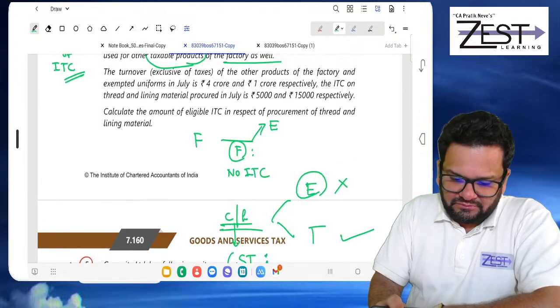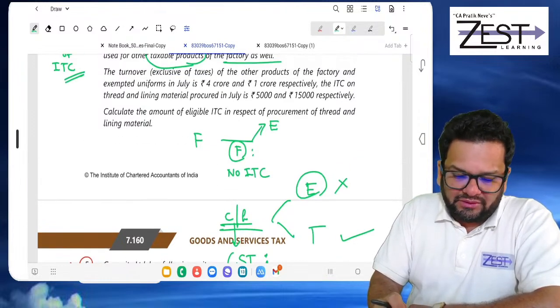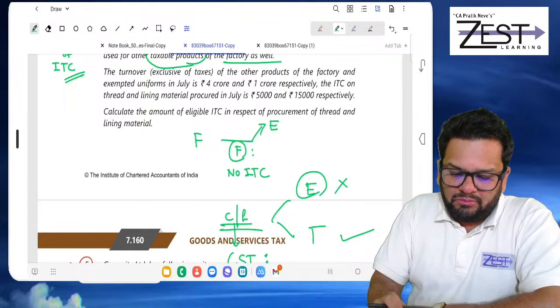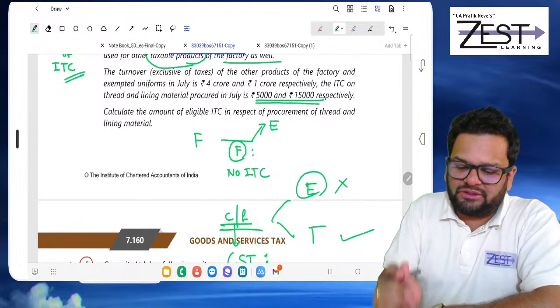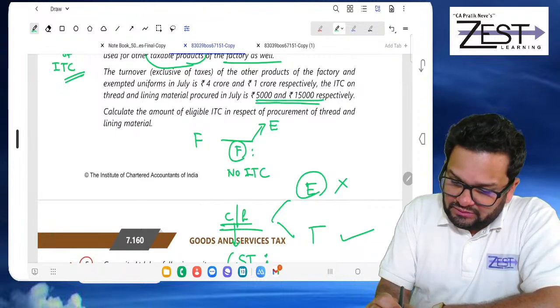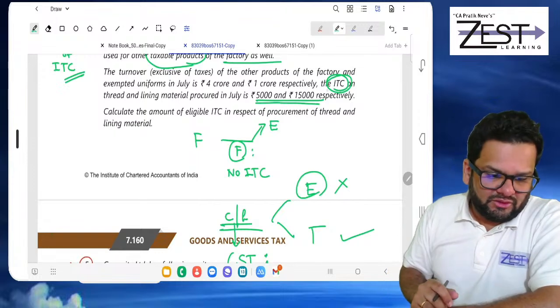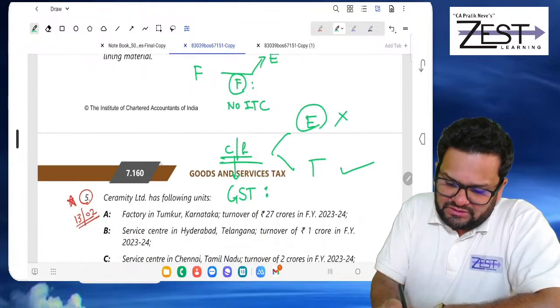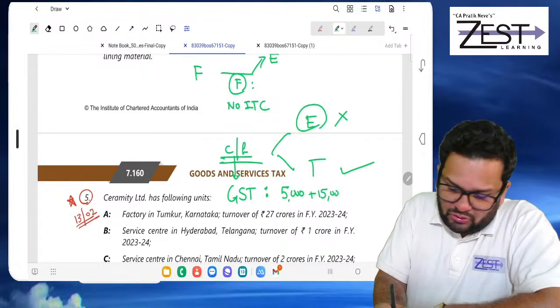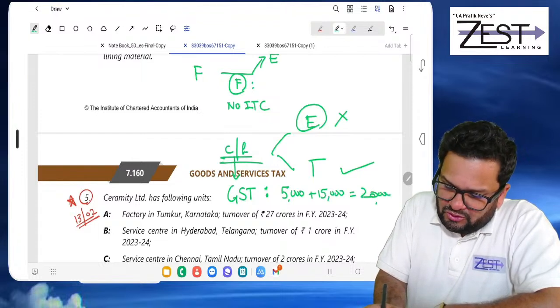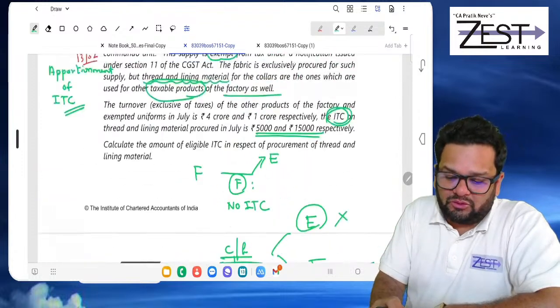The ITC on thread and lining material procured in July is 5,000 and 15,000 respectively. So total ITC is 5,000 plus 15,000, that is 20,000 rupees. You cannot take ITC of the full 20,000 rupees.